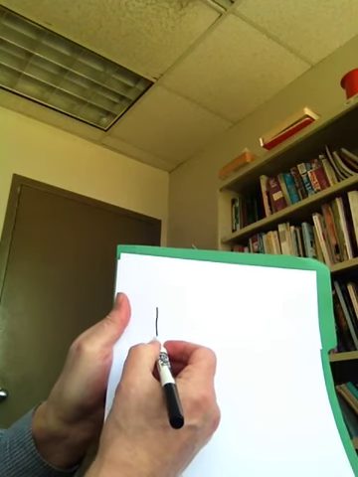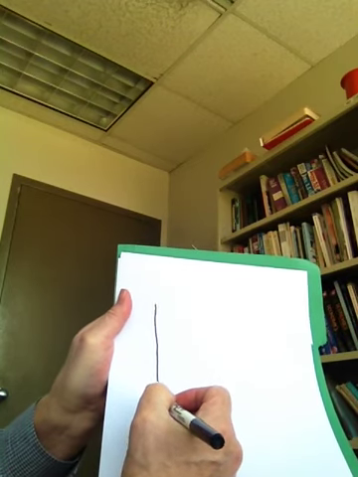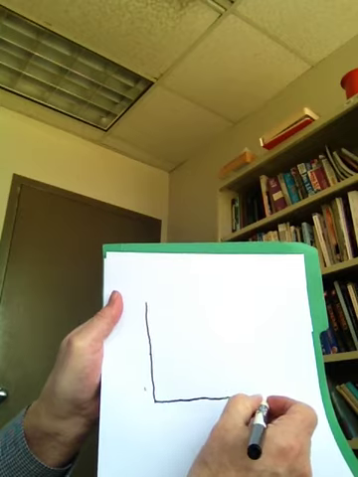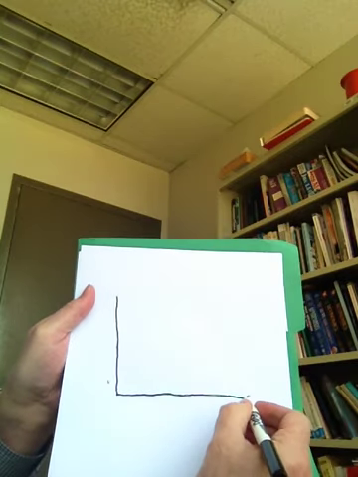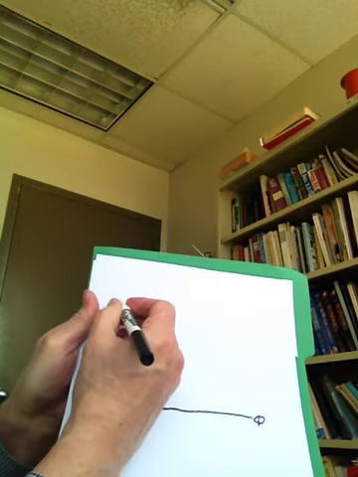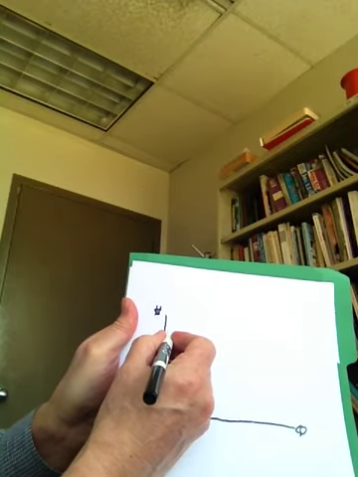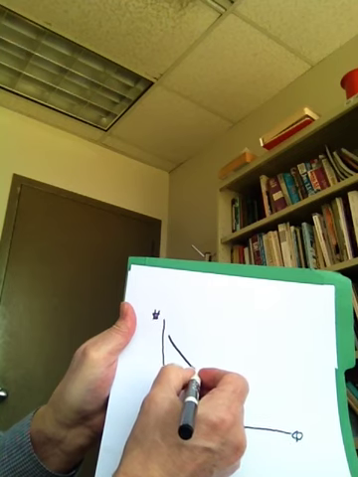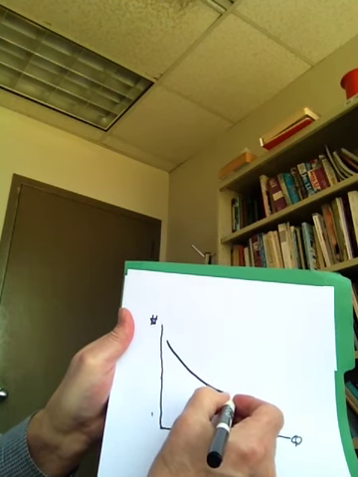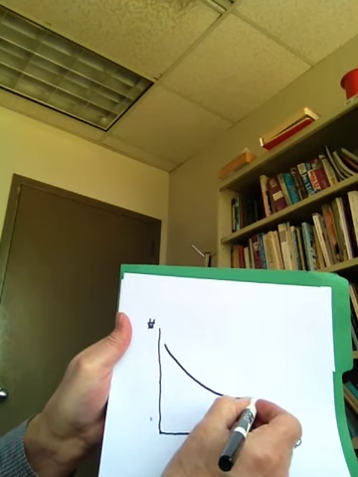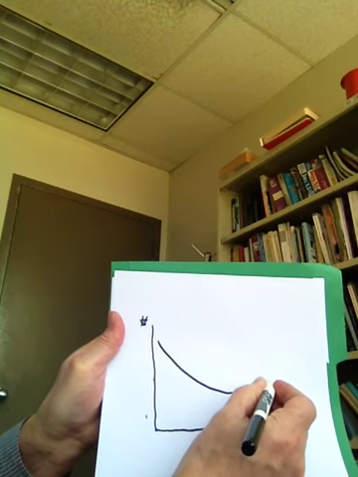Sorry to waste your time by having to redraw this graph. There's quantity, there's the dollar. It might look something like this if we were to connect those dots. It might fall, fall, fall, fall, fall. It might flatten out for a while. Then at some point it's likely that it may actually rise.